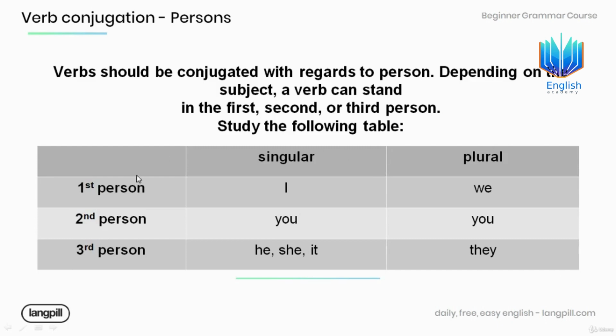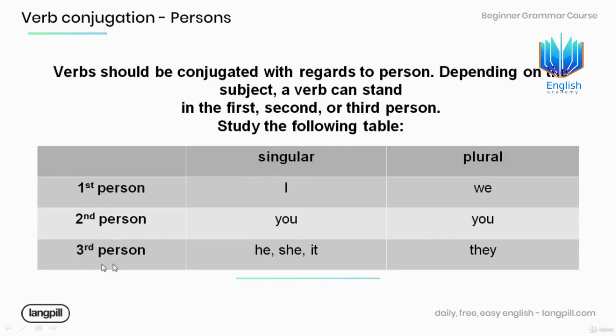Now when the subject is in the first person and it's singular, we use I. Plural, we. When the subject is in the second person and it's singular, we use you. Plural, you.